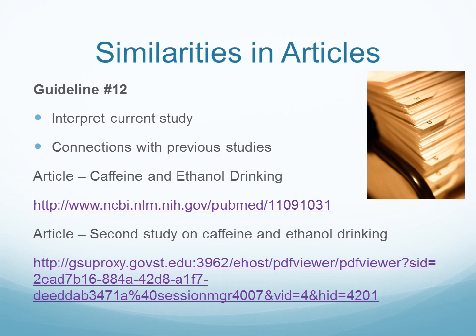So they were able to back up their claims on a recent study with information that was gathered from a previous study. So again, these are articles that you could use in combination with each other. These are articles that you could use separately from each other. Anything that helps you make your point in your research paper that promotes the idea that you have.